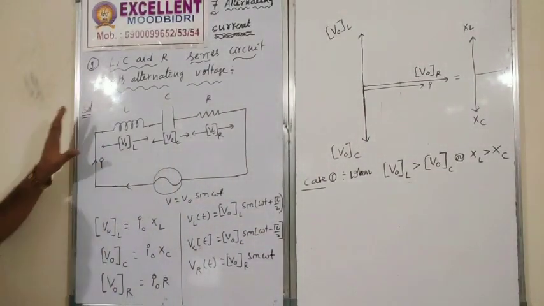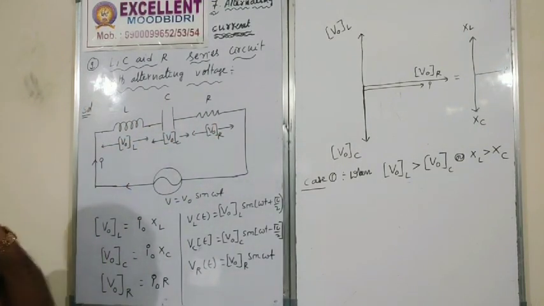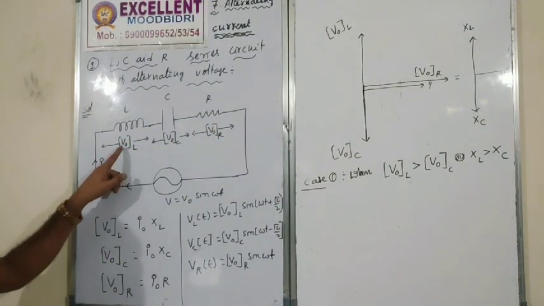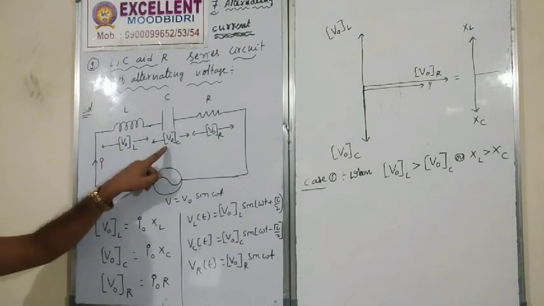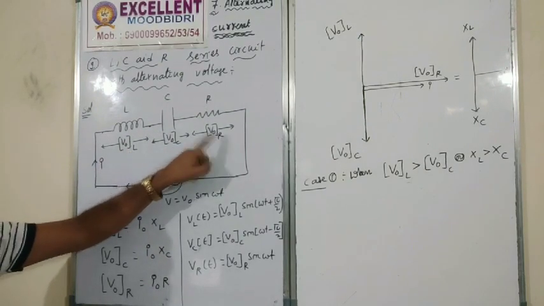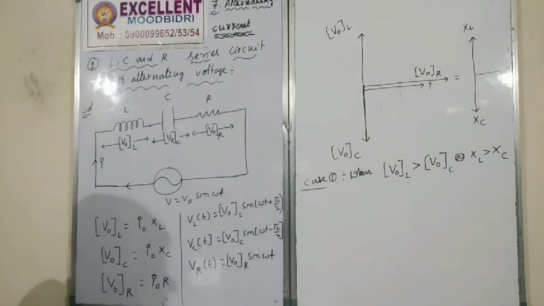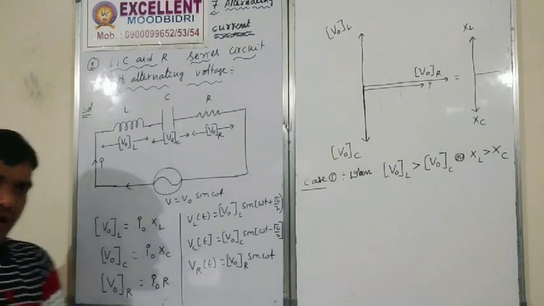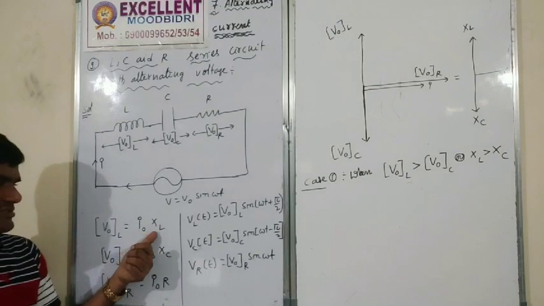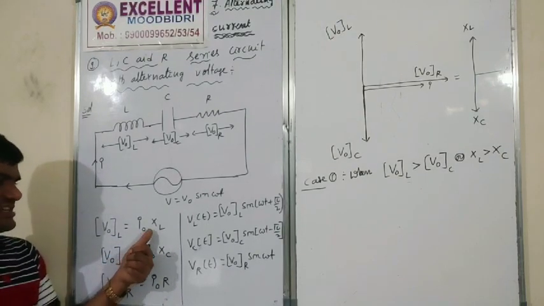First I have written the circuit here. Here the peak potential is V naught L, here it is V naught C, and here it is V naught R. V naught L is equal to I naught into XL, and I into R for the resistor.